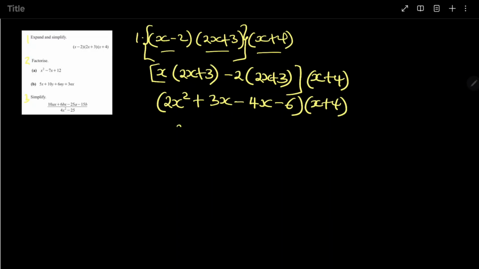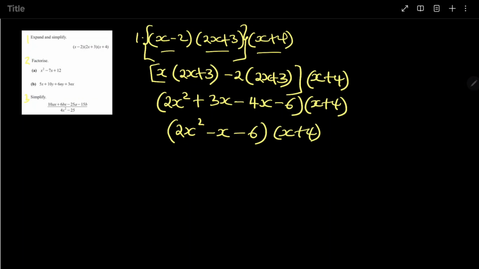Common here, we are having 2x squared, 3x minus 4x. It's the same as 3 minus 4. You can just keep the x silent, and this way we will remain with minus 1x, which is minus x minus 6, and being multiplied by x plus 4.